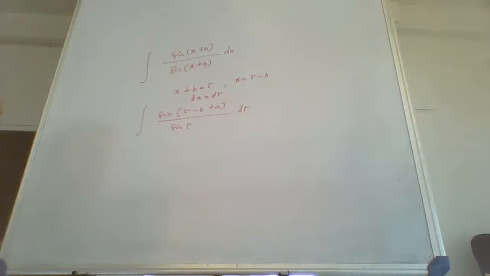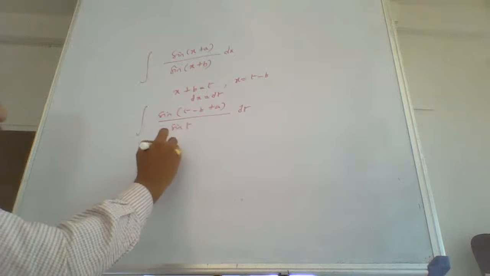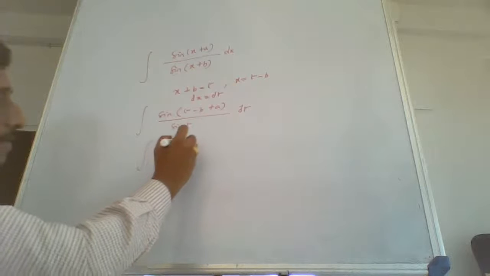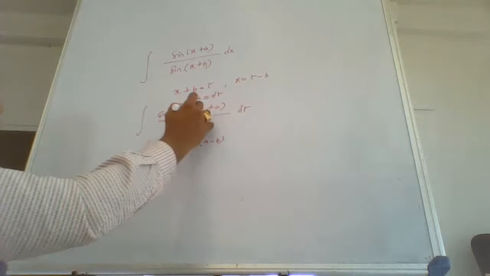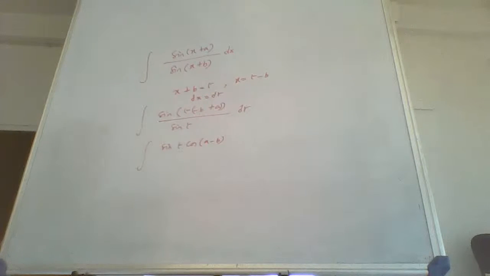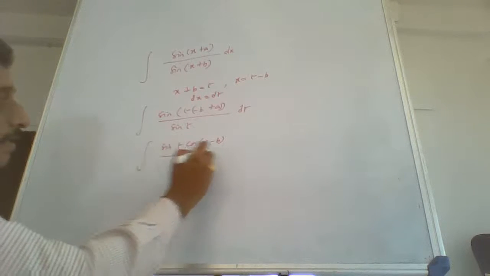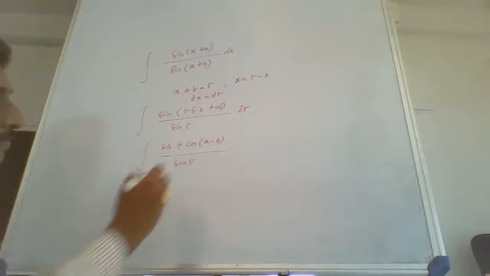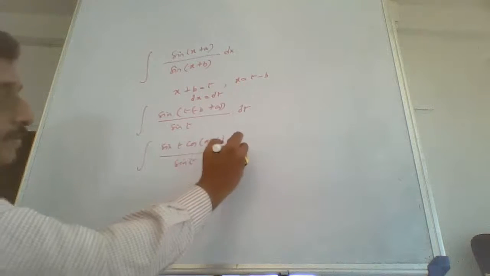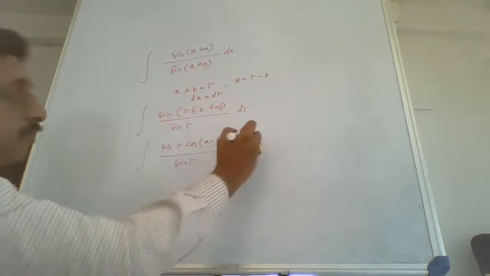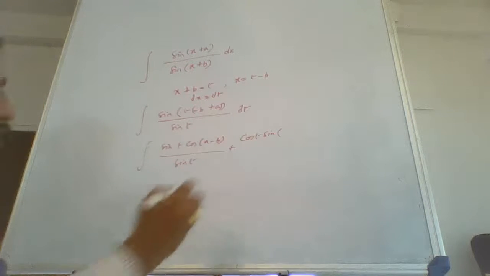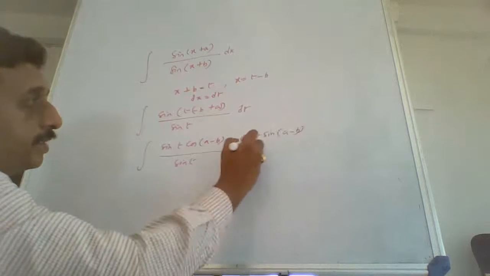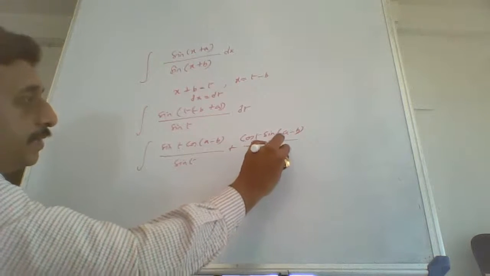Again, this is in the form of a plus b, and I'll substitute that as sine of t cos of a minus b plus cos t sine of a minus b, divided by sine t.